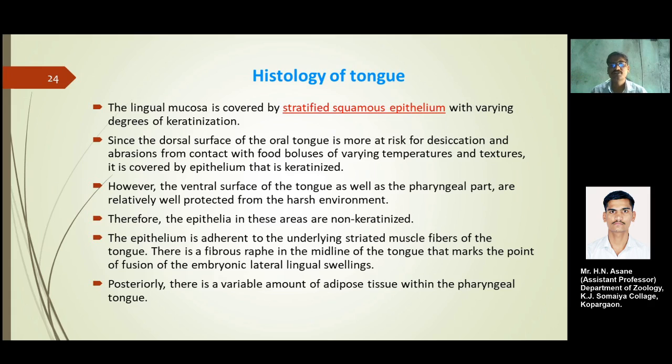The ventral surface of the tongue, as well as the pharyngeal part, are relatively well protected from the harsh environment. So this keratinized stratified epithelium on the dorsal surface protects our organ from the harsh environment, for example the temperature when we eat hot food.